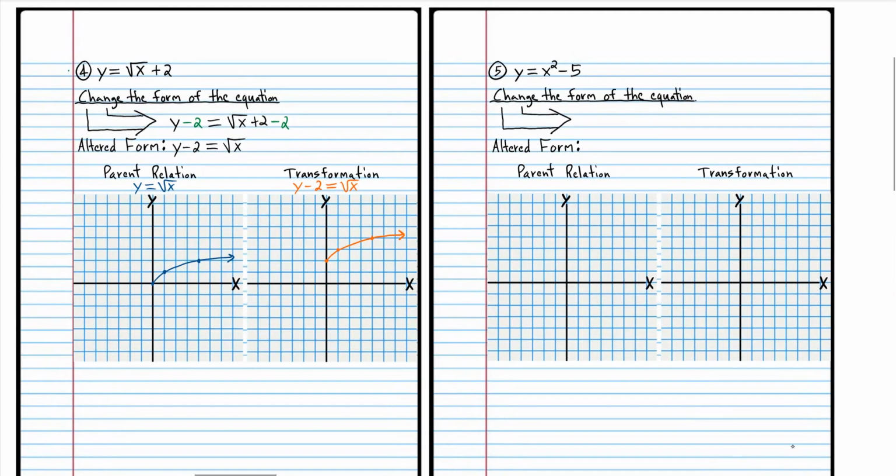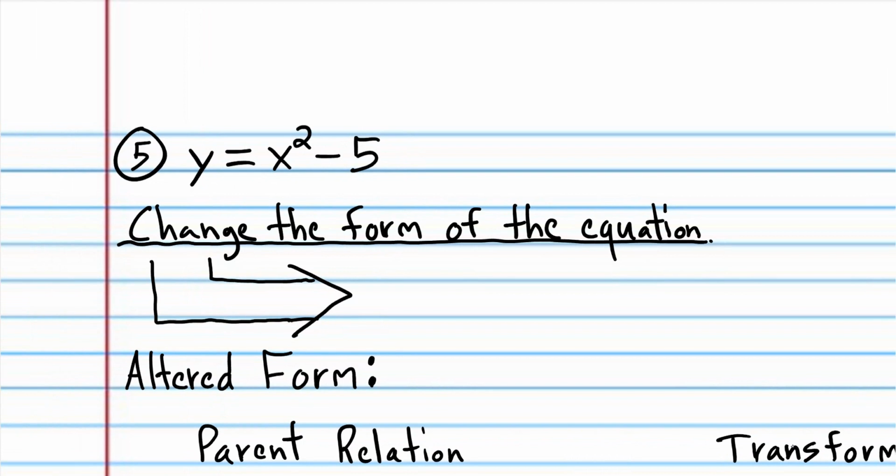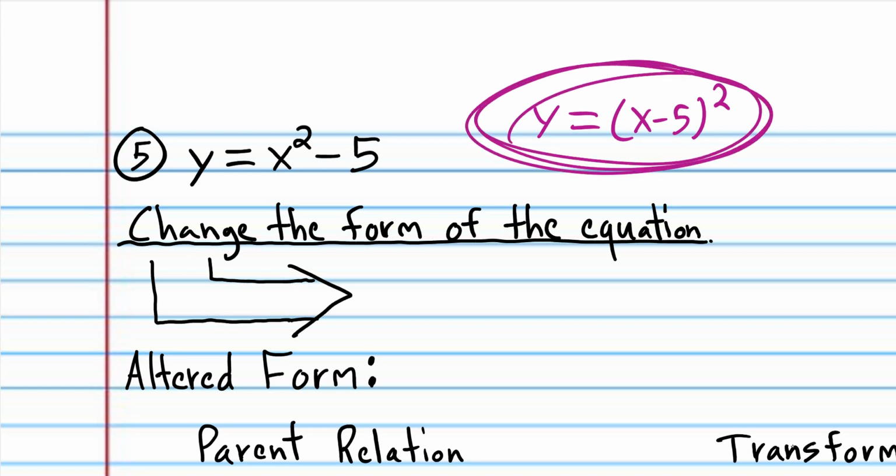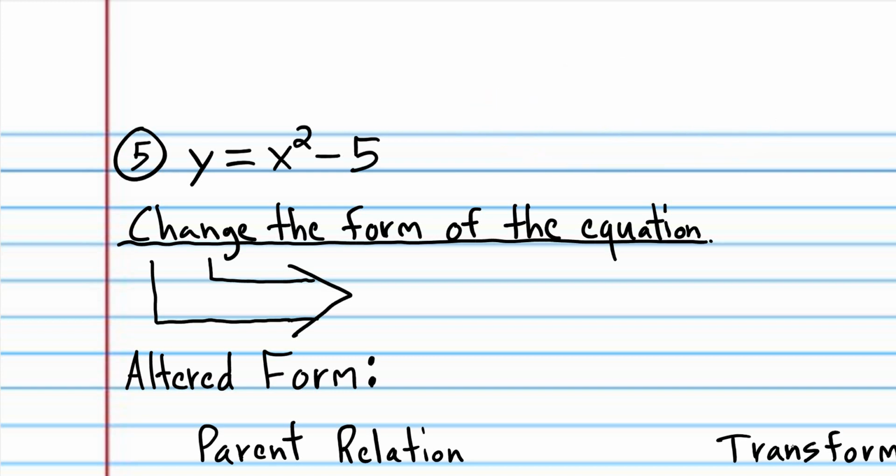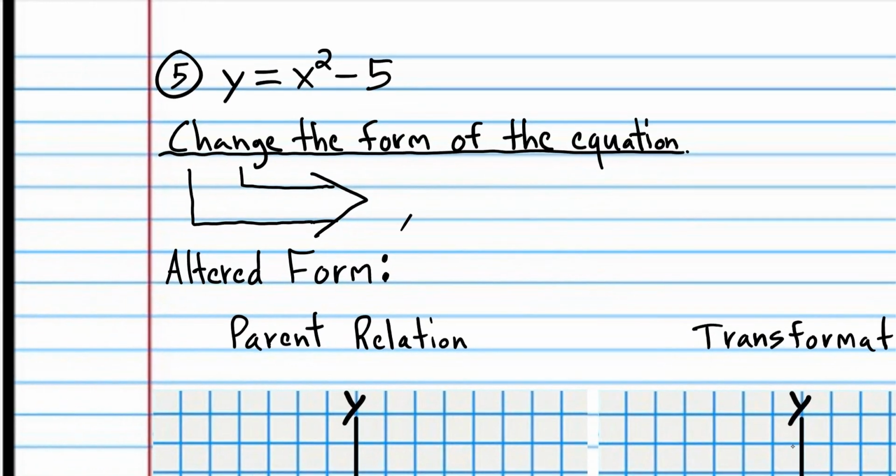All right, we're back. When you subtract 5 from x in an equation, you move the graph of the previous equation 5 units to the right, as in this situation here. But we're not subtracting 5 from x. We're subtracting 5 from x squared. That's not the same thing.